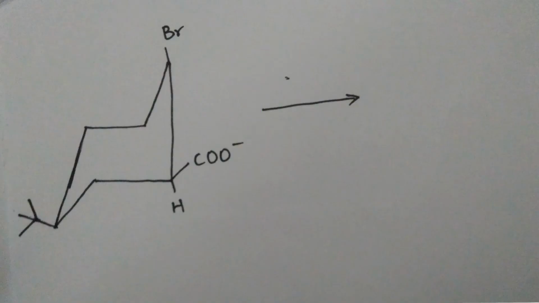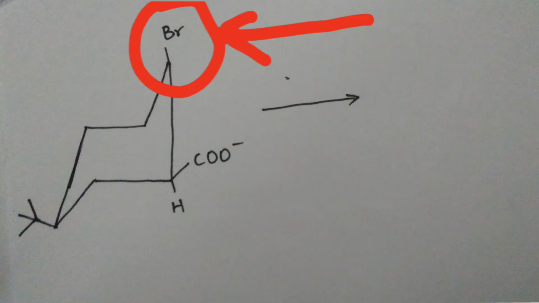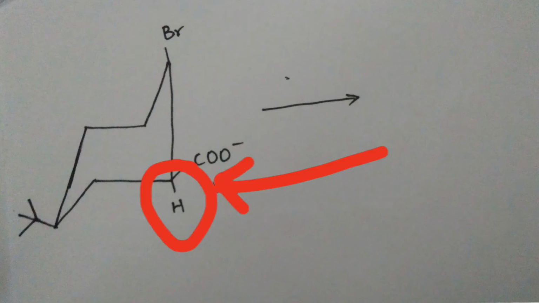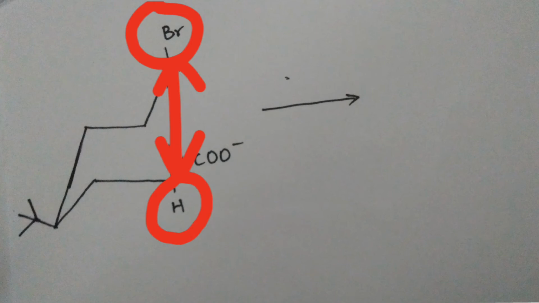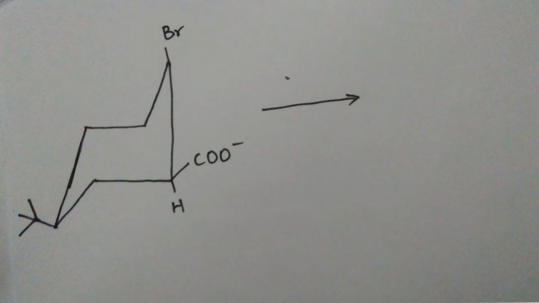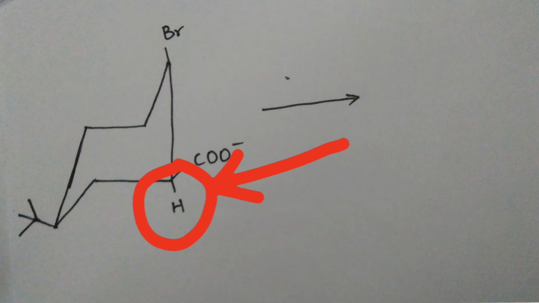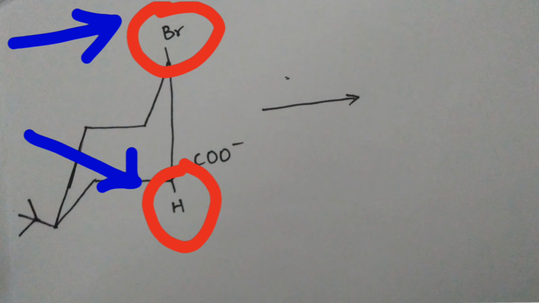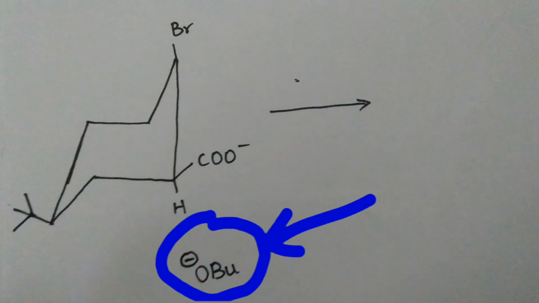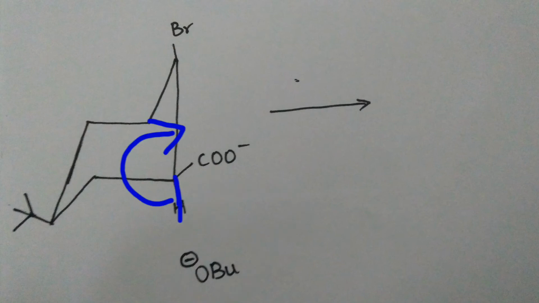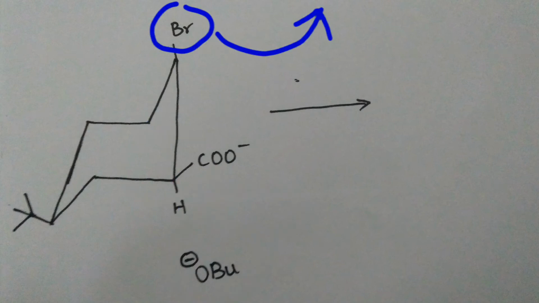Now what we have to observe: this bromine group and this hydrogen are anti-periplanar to each other. This bromine group is in the axial position, and this hydrogen is in the axial position, so they are anti-periplanar. So elimination will happen with these two. The tert butoxide will attack the hydrogen over here, this bond will fall here, and the bromine group leaves.